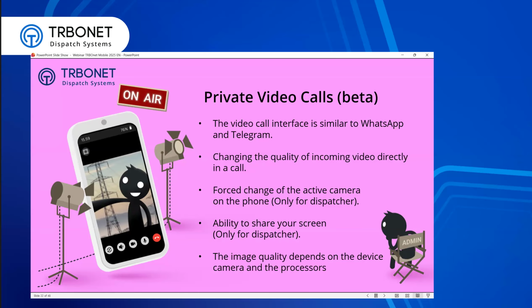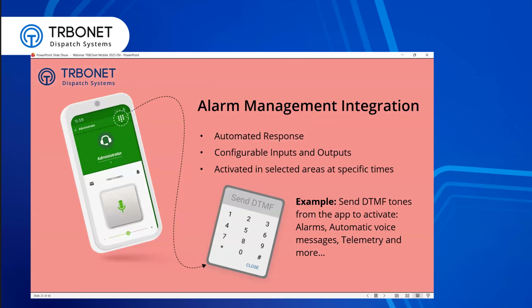There are others that Irina is going to cover, probably more related to security and safety. But let me finish by saying that the alarm management is another module that also comes from TRBOnet, and it's available on TRBOnet Mobile.